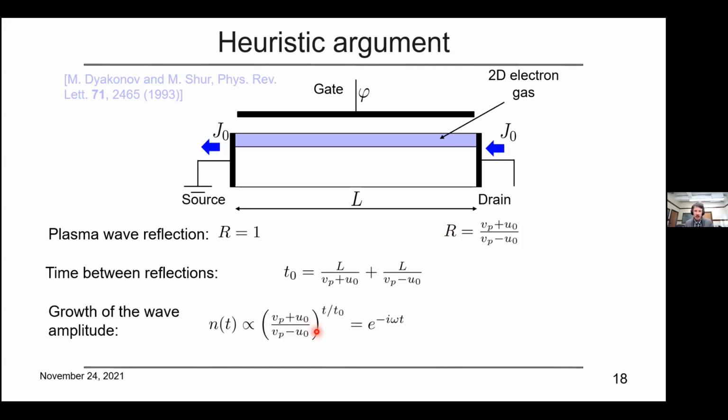So essentially, we can count how many times the plasma wave is scattered from the mirrors, multiply the scattering coefficients, and the number of times that we should multiply is equal to the number of times our plasma wave completes the full period in this structure. Then, by solving this simple equation, we arrive at the Dyakonov-Shur instability expression.